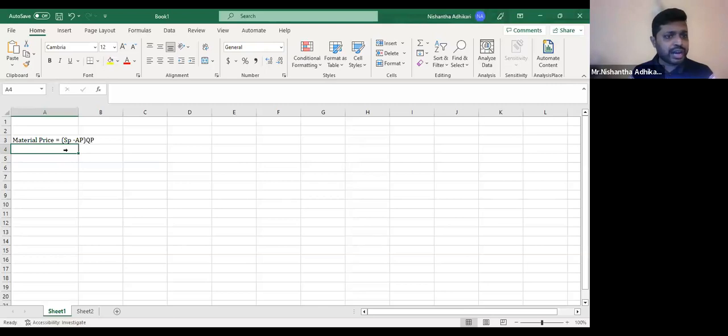Standard price, if you take the answer, how much is the standard price? The standard price is 500 rupees per kilogram. You have purchased 1700 kilograms. Actual price you need not calculate, because actual price into quantity purchased means actual cost, which is 782,000.